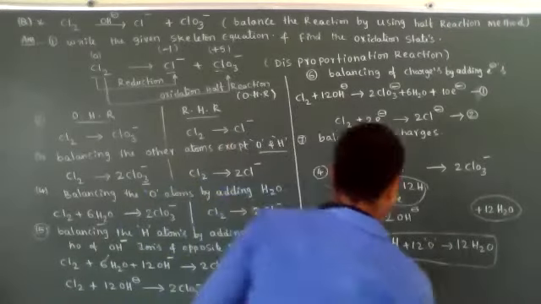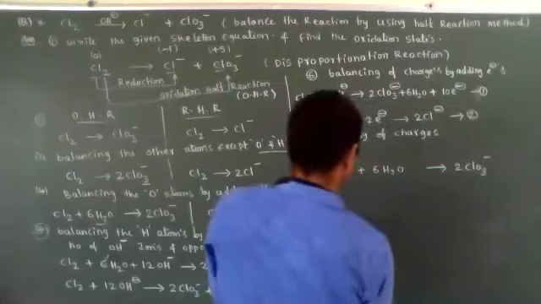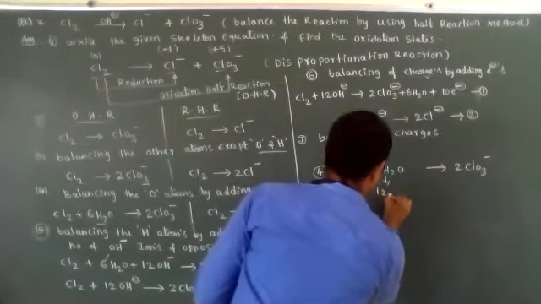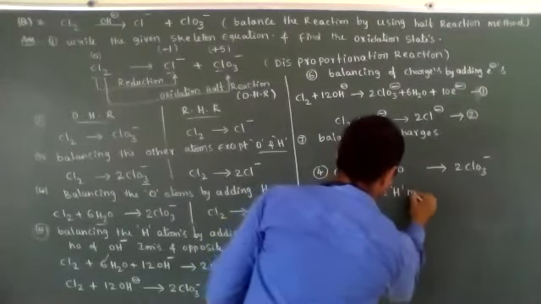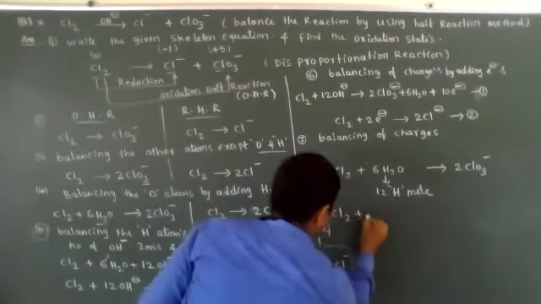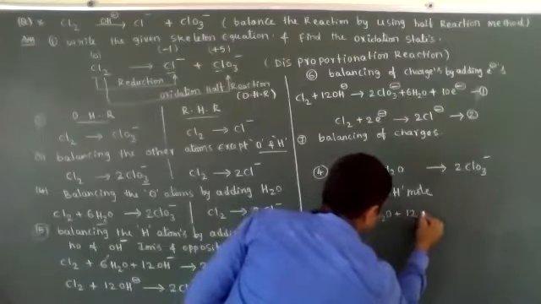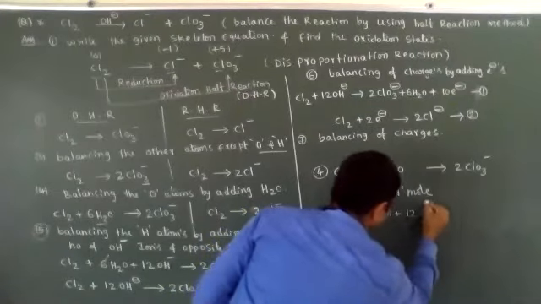See, once again I will repeat. Now this side has 12 hydrogens more. That's why I wrote Cl2 plus 6 H2O, and on the same side I added 12 OH minus ions.